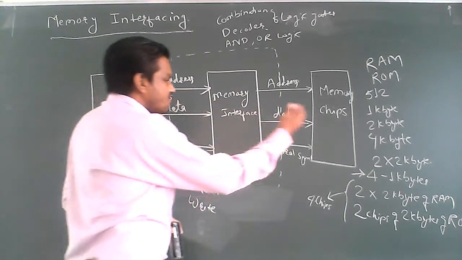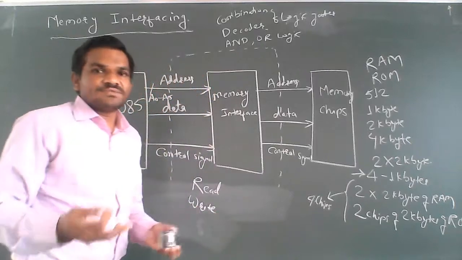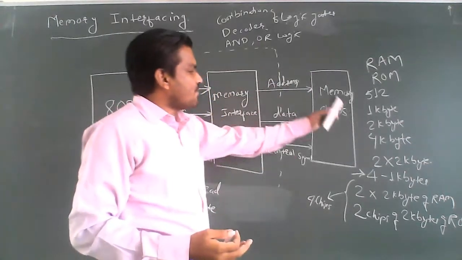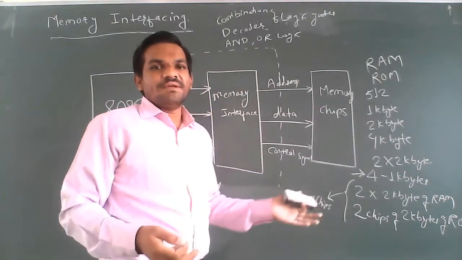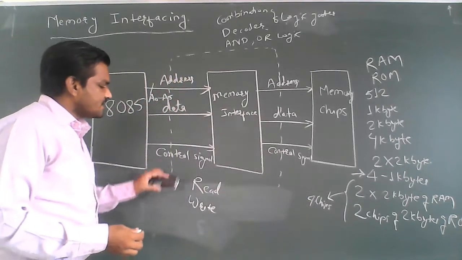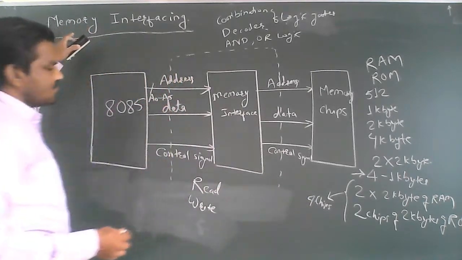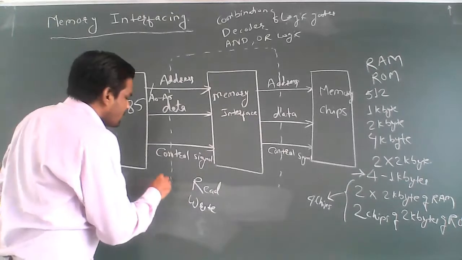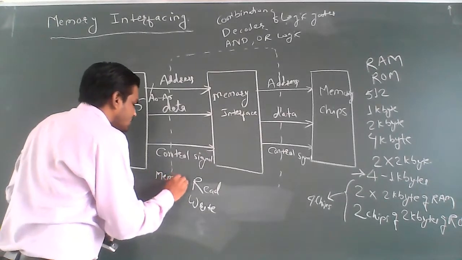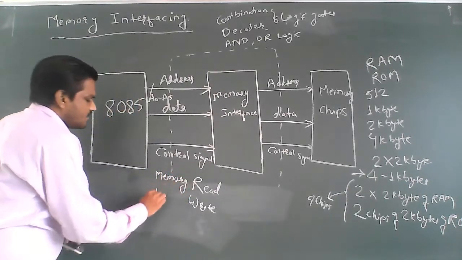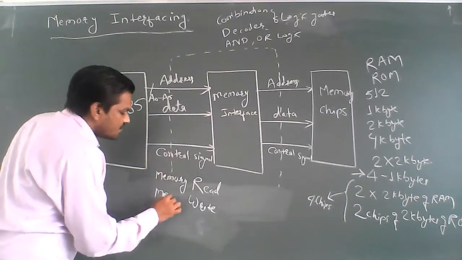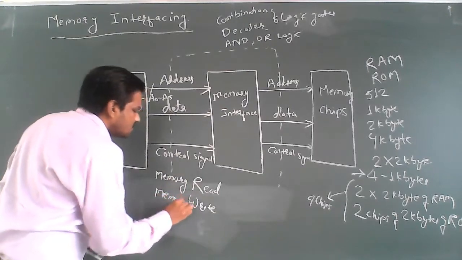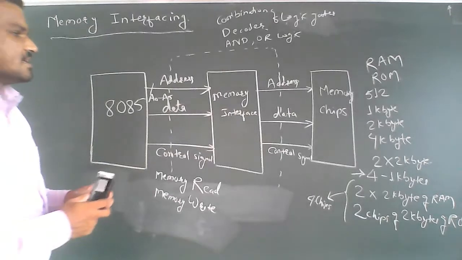Also, if we have multiple chips, we have to select the appropriate chip of memory. For memory interfacing, reading from memory is the memory read, and writing onto the memory is the memory write operation.